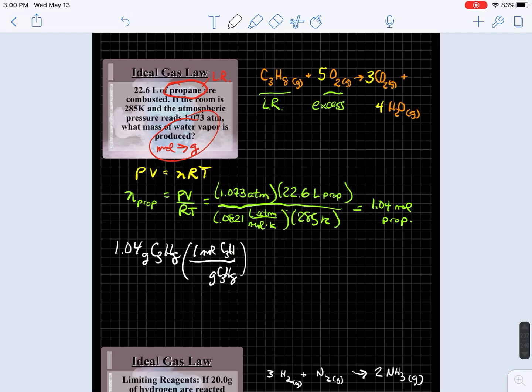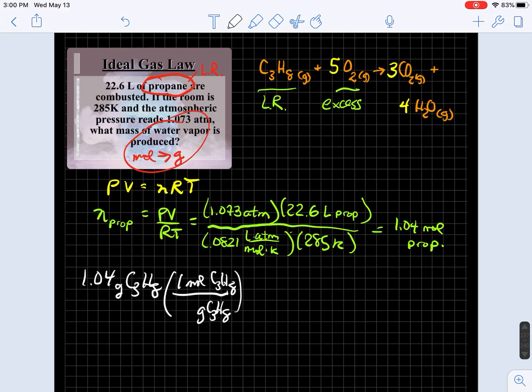Now I put 1 mole of propane because that's how many moles are in the balanced equation. So let me rephrase. I converted 1 mole of propane because that's how many moles are on the periodic table, right? It's 1 mole. So we can look up propane on the periodic table. It's 3 times the mass of carbon plus 8 times the mass of hydrogen. And that gives me 44.097 grams.